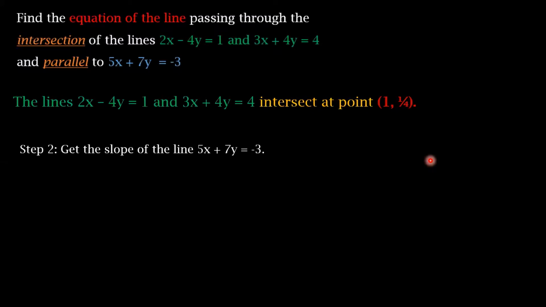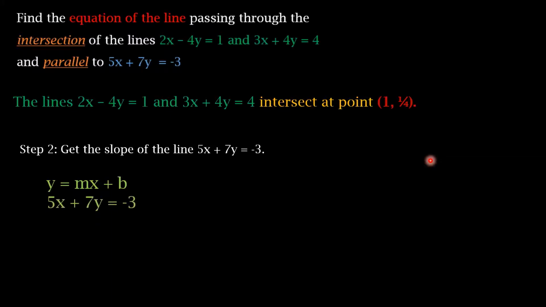The next step is to get the slope of the line 5x plus 7y is equal to -3. In this case, we would need to make use of the slope-intercept form, y is equal to mx plus b.